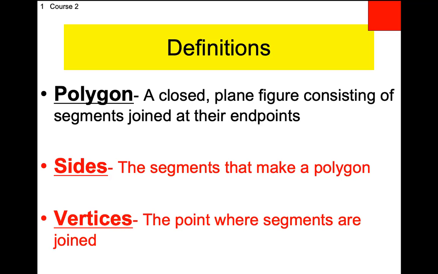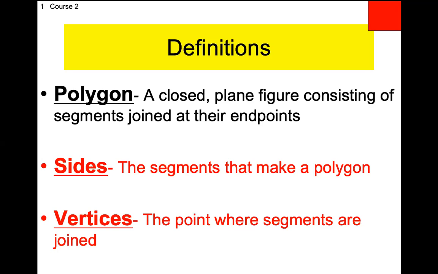We are going to call those the vertices. Vertex singular, vertices for plural. It's literally a point where the segments join each other on the polygon. So 2 new definitions, although we've been using them: sides and vertices.